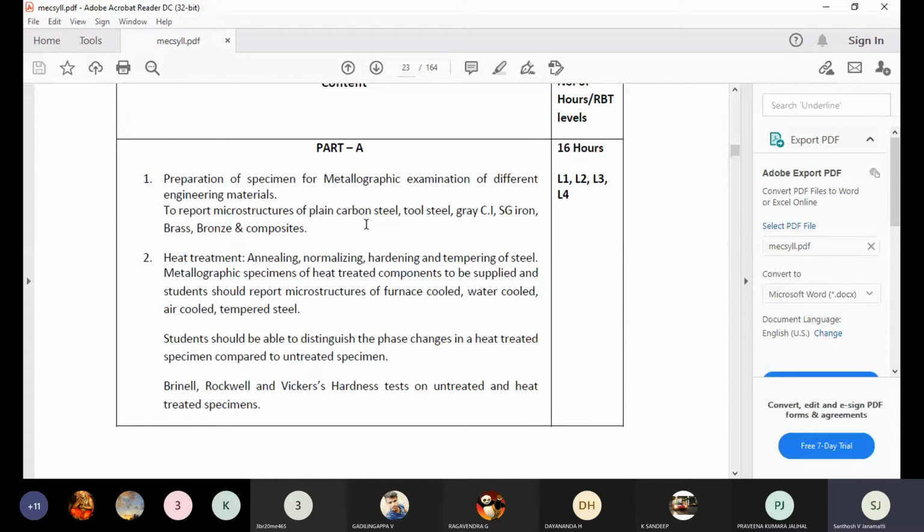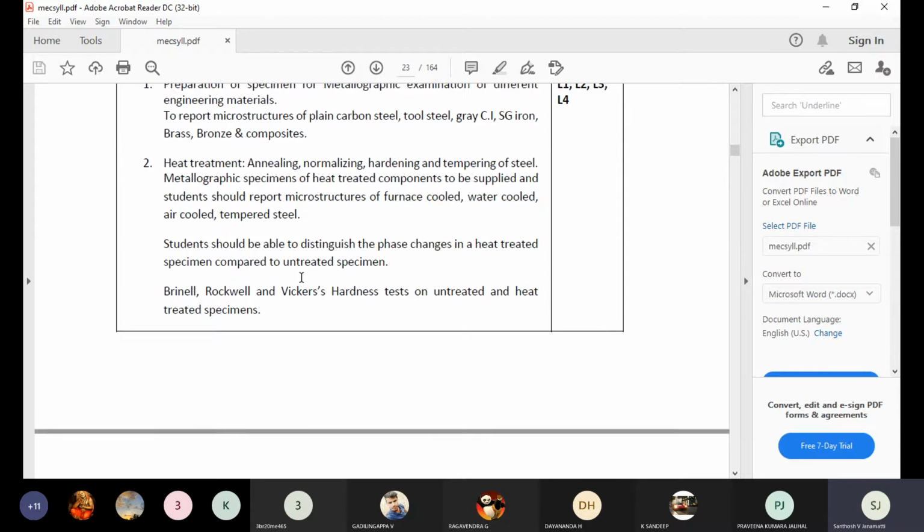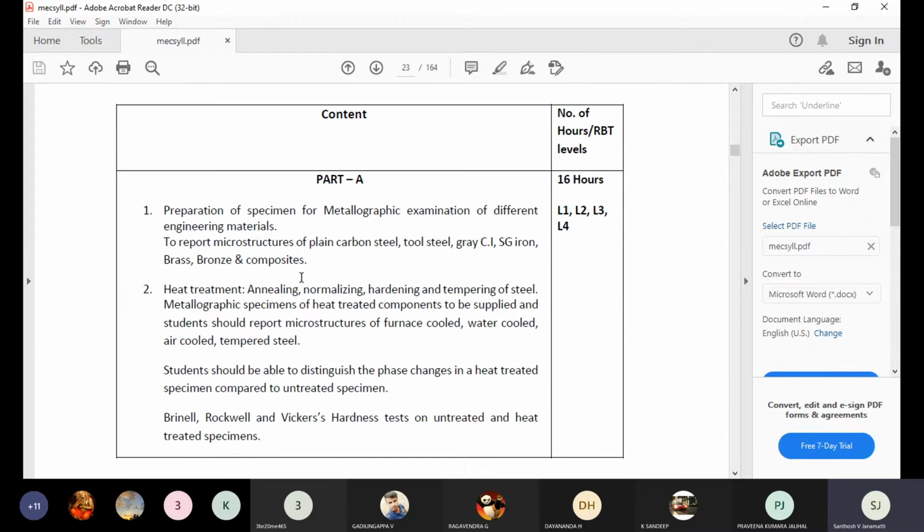Keep it in your mind: in part A, all the experiments are simple experiments, and you need to conduct them individually, single. Part A has one question in the examination, and part B also has one question.